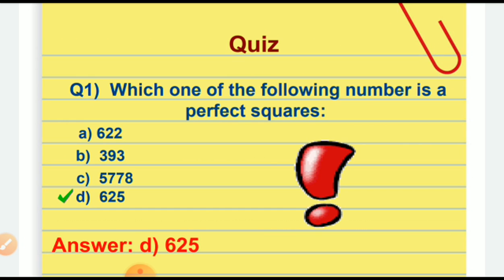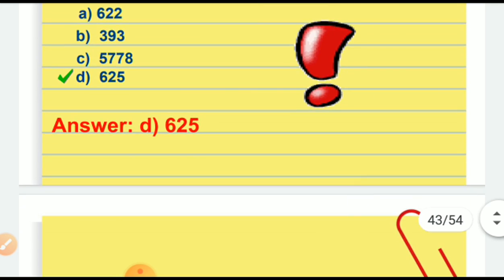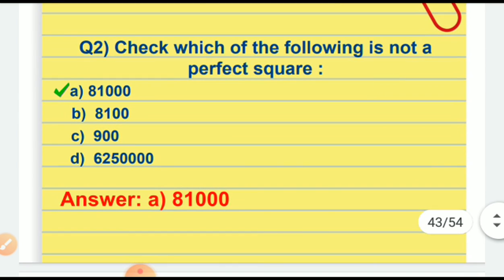As we discussed in our first point, 2, 3, 7, 8 are not perfect square endings. It may be 5 is there. 1, 4, 5, 6, 9, 0 are the perfect square endings. So 625 is the correct answer.